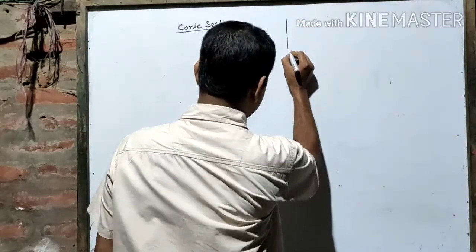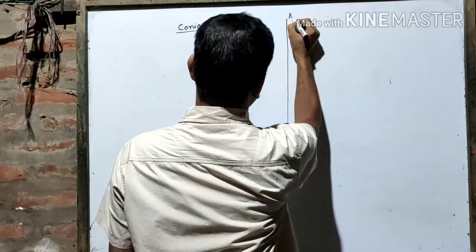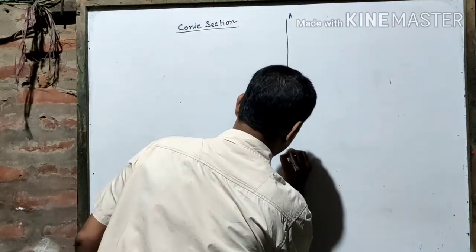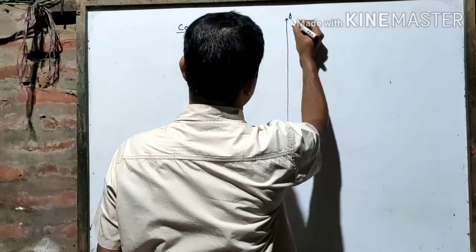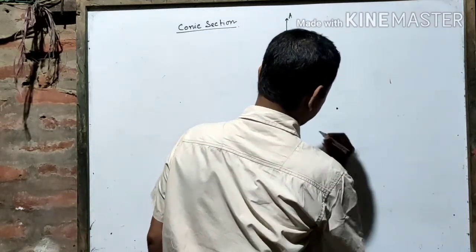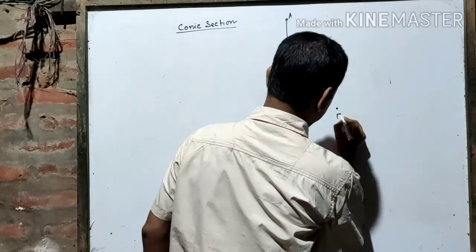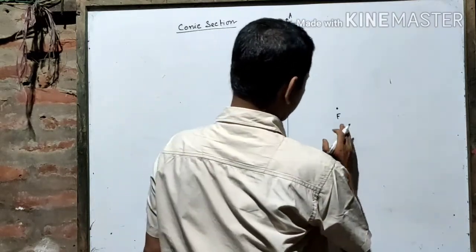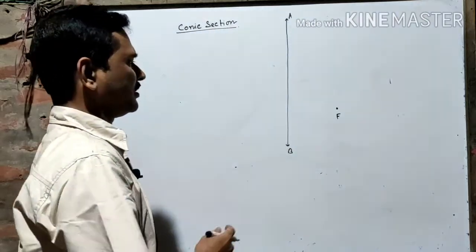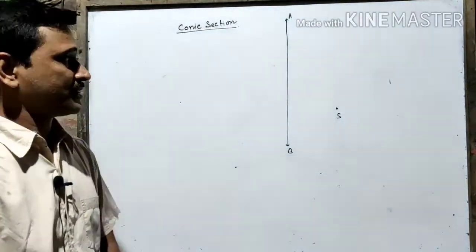Suppose there is a fixed straight line. Okay, this is a fixed straight line. Let it be AB. And there is a fixed point, say S, the focus.